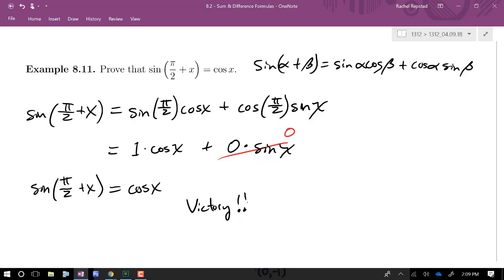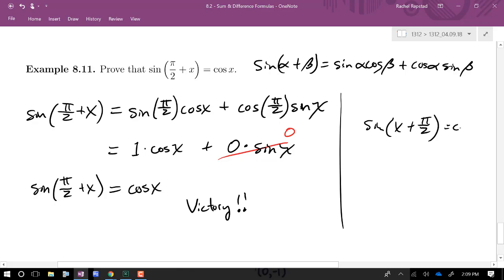This tells us right here, so another way to write sine of pi over 2 plus x is, of course, to write sine of x plus pi over 2. And I'm just writing it that way because what this is saying is that if we graphed the sine function with a phase shift of pi over 2 units to the left, it would directly overlap the cosine function.